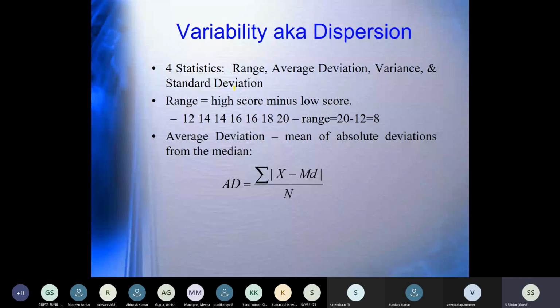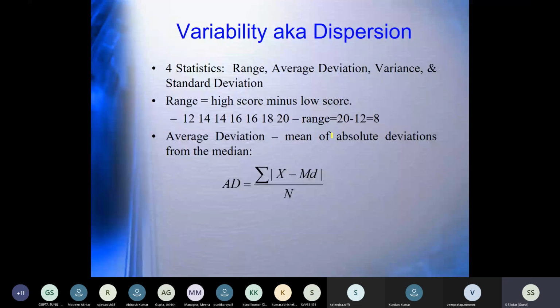You will see that wherever there is any sampling, we always talk in terms of either the range or the standard deviation. If I say how was the temperature, then we always say the range was this, the standard deviation was this. Just like, if there are a couple of numbers, let's say 12, 14, 14, 16, 16, 18, 20, the smallest is 12 and the largest is 20, so the range is 8.